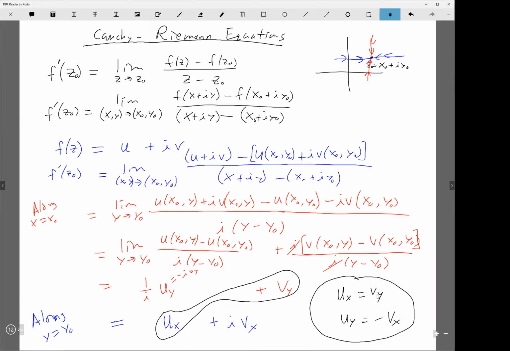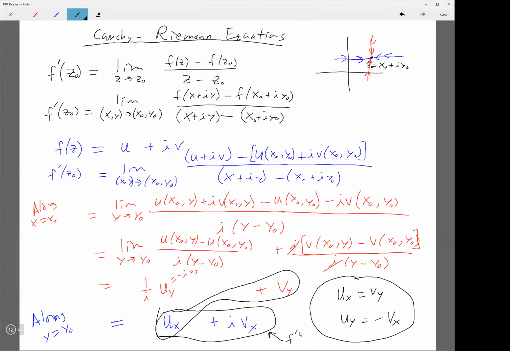So basically, if these equations are both true, then the function is differentiable. Also, the derivative is going to be this. If these equations are true, then this is the derivative right here. Or you could say this is the derivative also, because they're going to be equal, but this is the more common way to look at it.